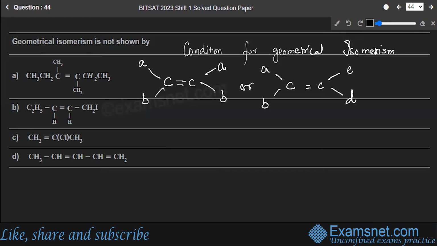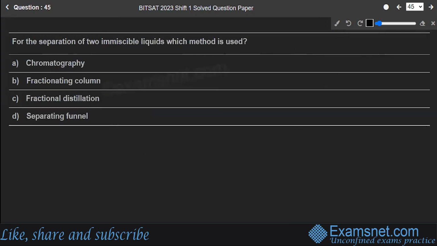So if I look at all the options, this one, CH2, CCl, CH3, does not follow the above mentioned condition. That makes C option the right answer. Hope you got that. Next is 45.